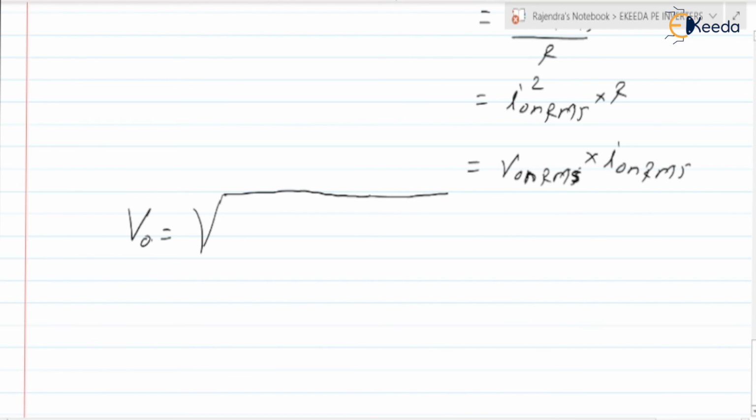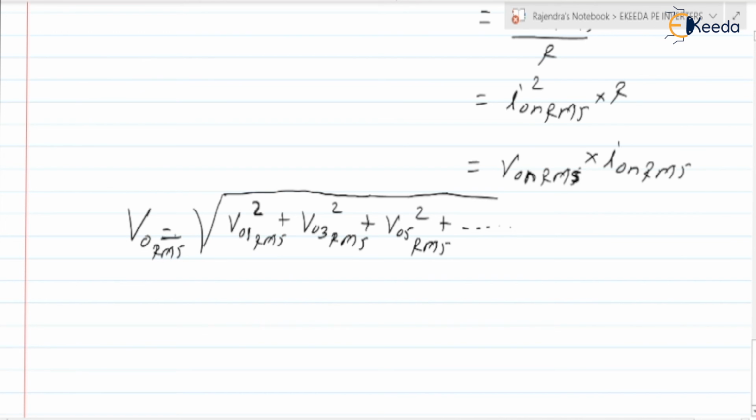V0 RMS is equal to square root of V01 RMS square plus V03 RMS square plus V05 RMS square plus dot dot dot. So this is V0 RMS.